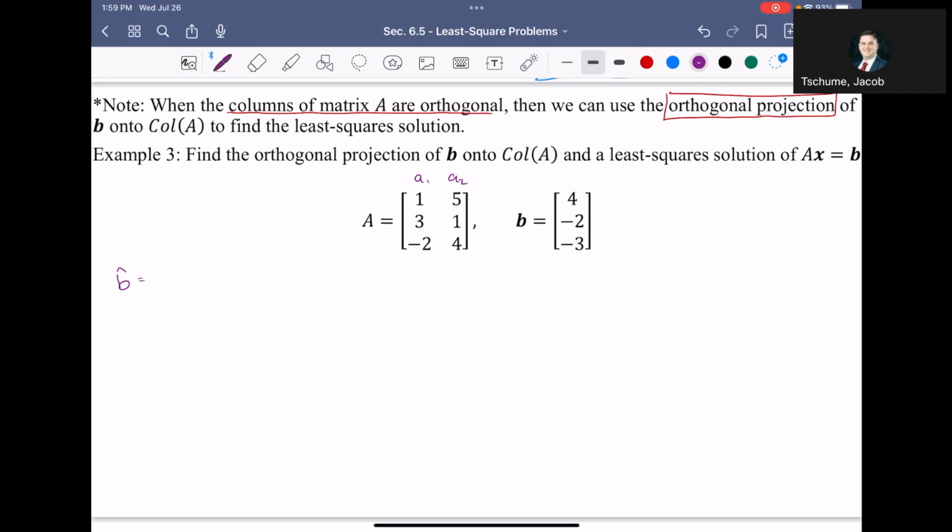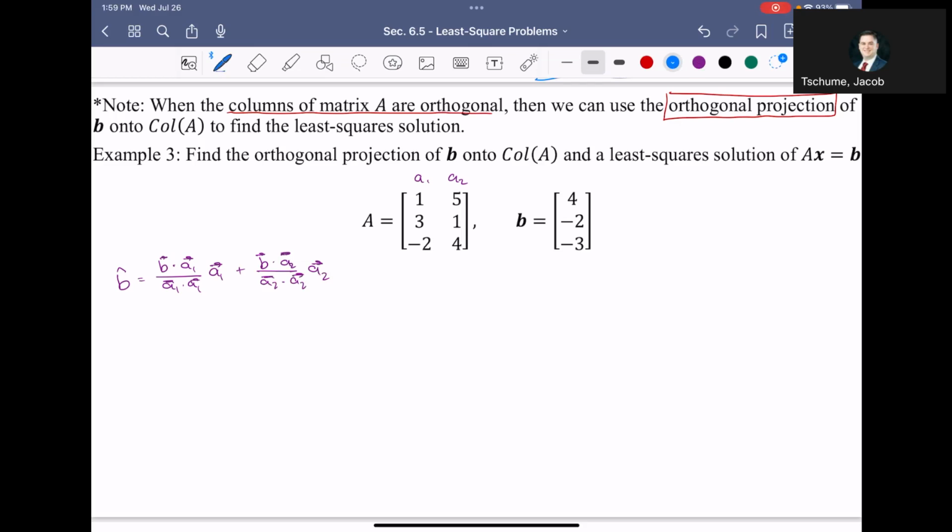So using our formula from the last video, since we have two vectors here, this would be B dotted with A1 over A1 dotted with A1 times A1, plus B dotted with A2 over A2 dotted with A2 times A2. So that is our orthogonal projection formula from the last video.